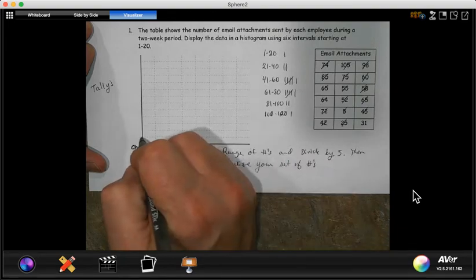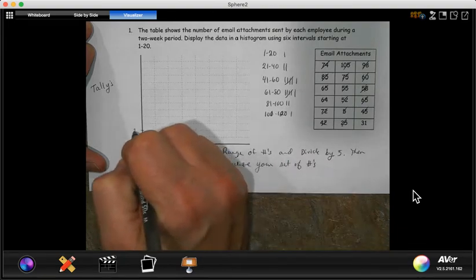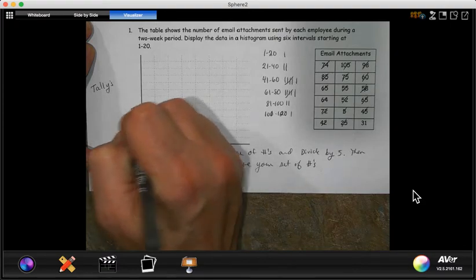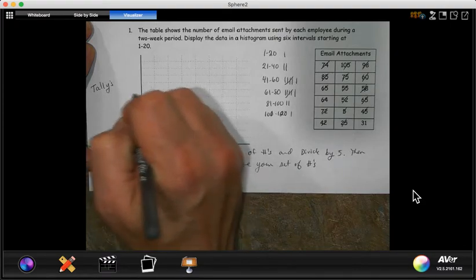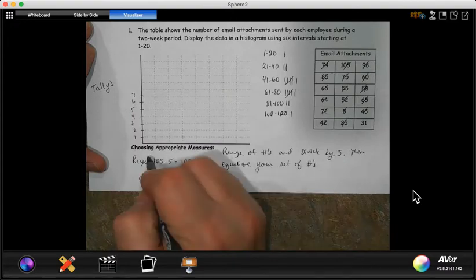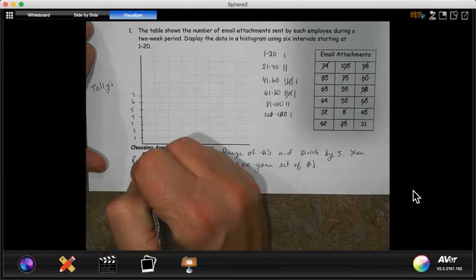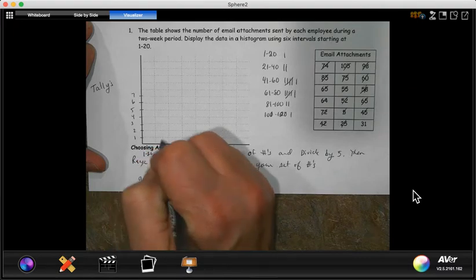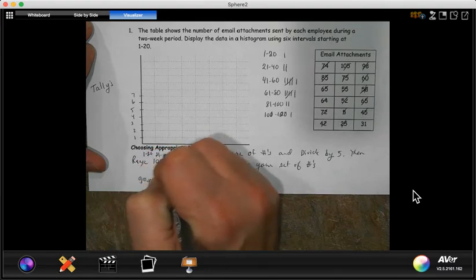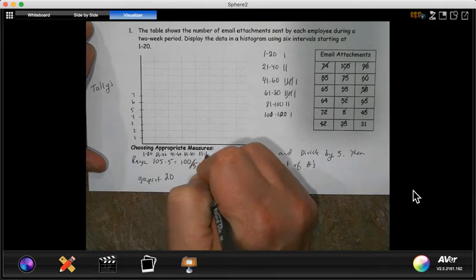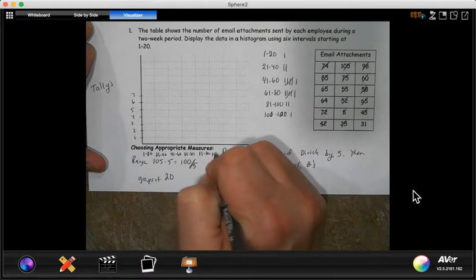So I'm going to count by 1s, 2, 3, 4, 5, 6, 7. And then my range of numbers, this first bar is 1 to 20. Then the second one is, I have to write small, 21 to 40. Then the third one is 41 to 60, 61 to 80, 81 to 100, and then 101 to 120.